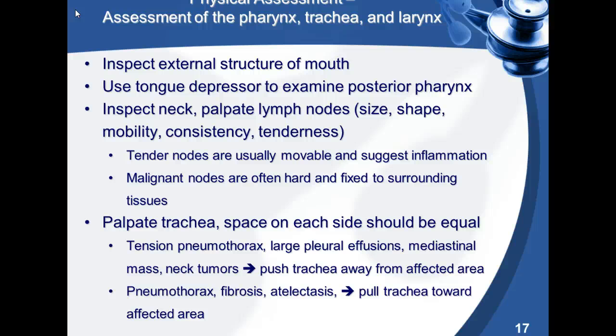A tension pneumothorax, large pleural effusions, and mediastinal mass or neck tumors push the trachea away from the affected area. A pneumothorax, fibrosis, or atelectasis pull the trachea toward the affected area. So you want to assess that way.